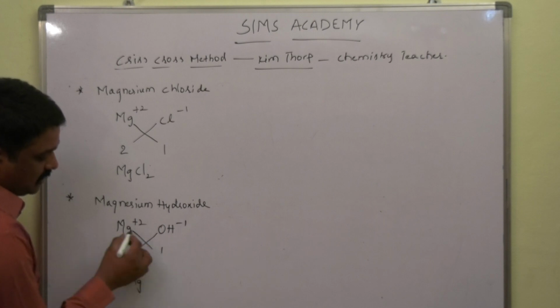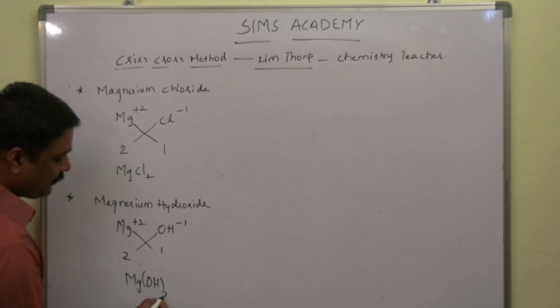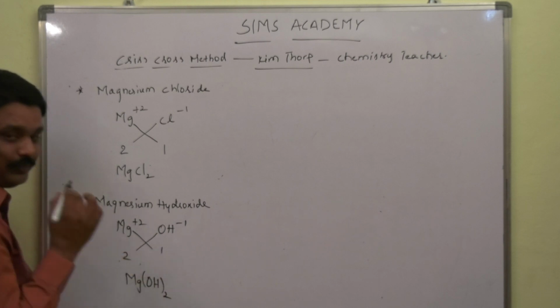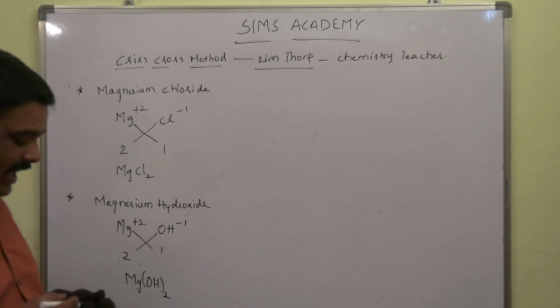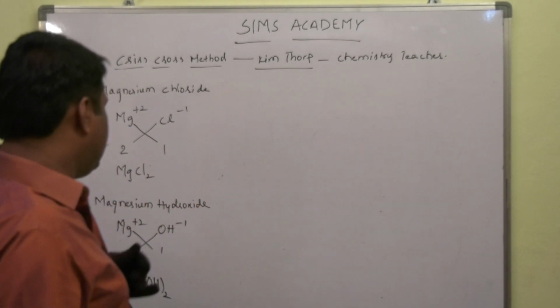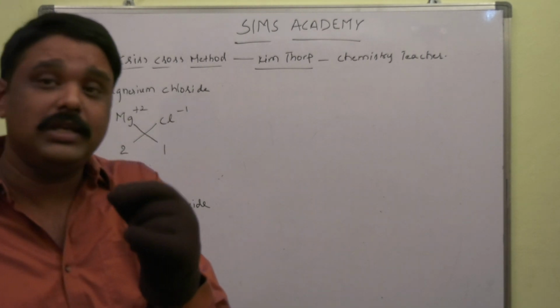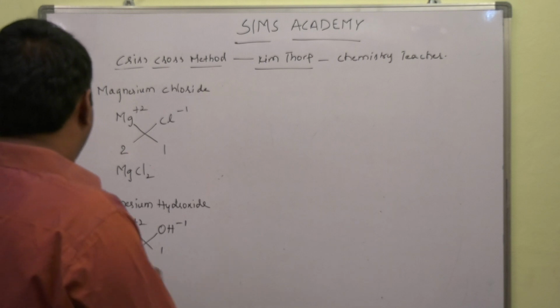For Mg we get 1, for OH we get 2. And this is read as Mg(OH) taken twice. Magnesium hydroxide formula is Mg(OH)2.